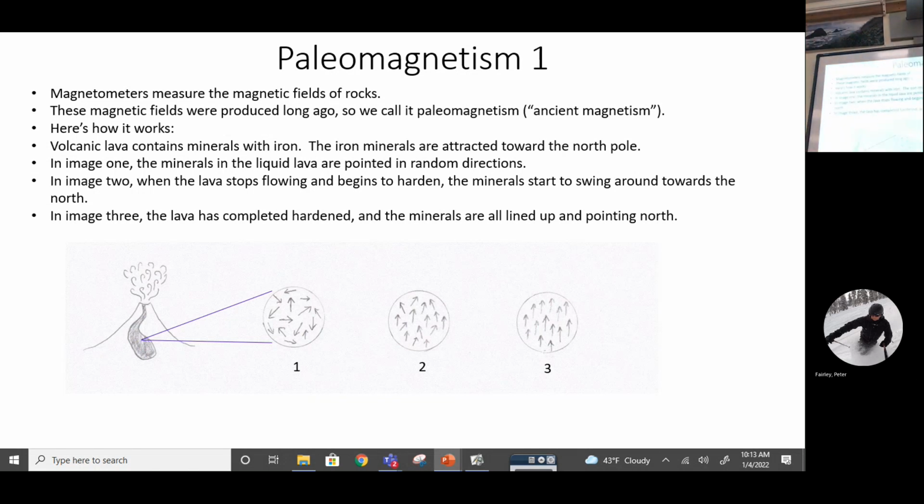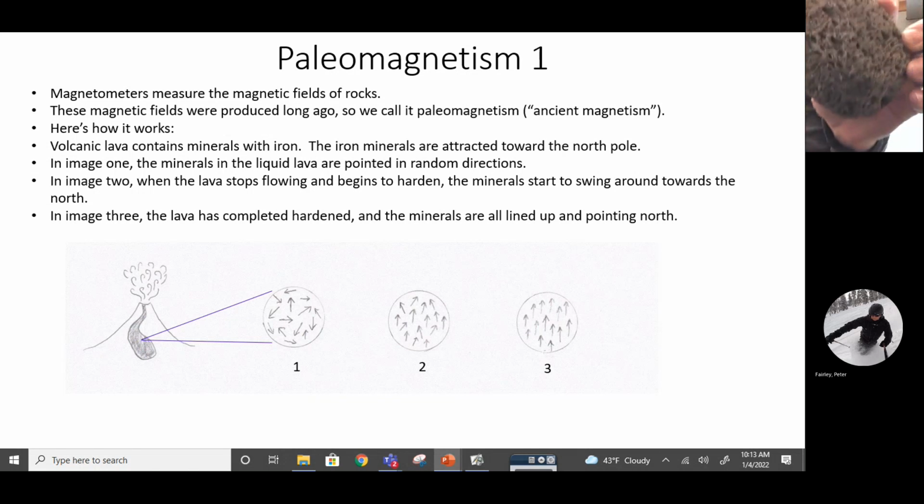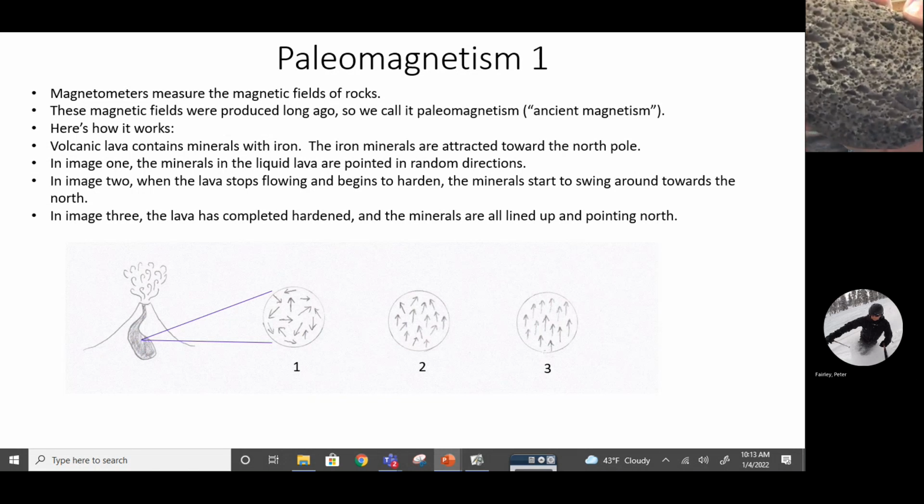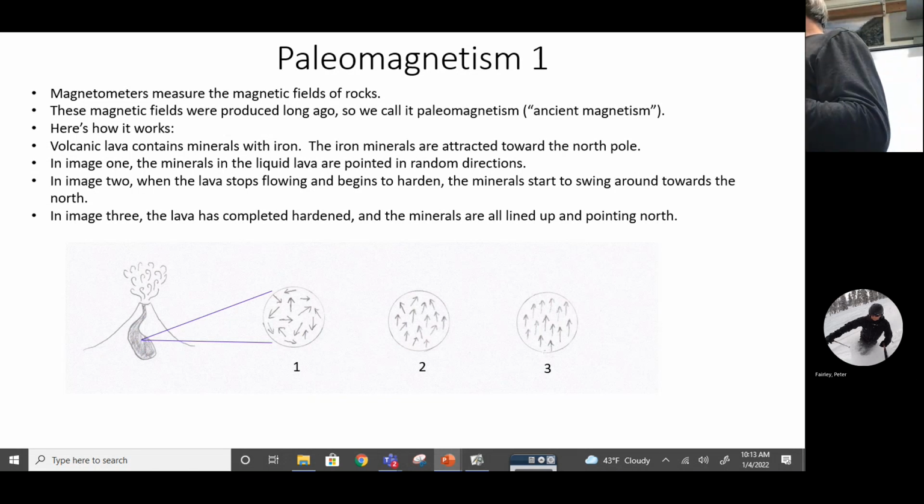Volcano, the lava that's erupted from the volcano, which turns into a rock like this one, this particular type of rock, basalt, has iron crystals in it. And you know, iron is attracted by magnetism, isn't it? And it turns out that these crystals of iron are kind of like long needles. So I'm going to use this pen to represent a needle of iron crystal inside this rock.